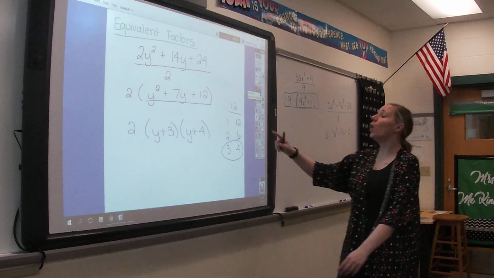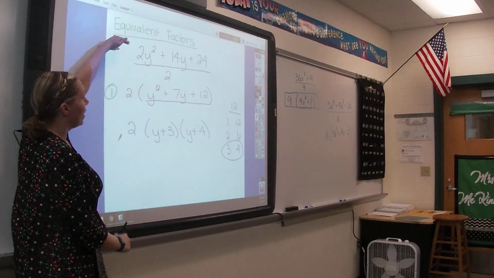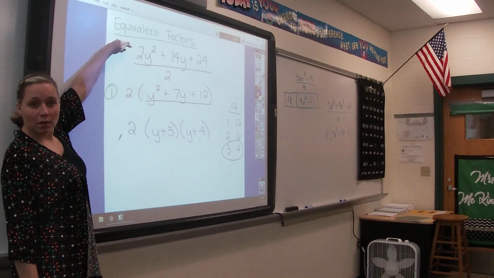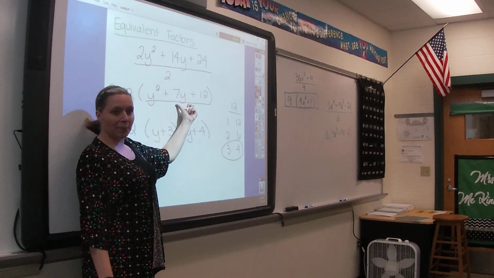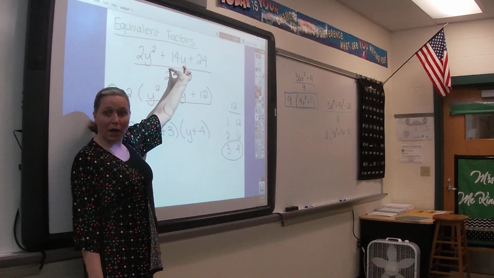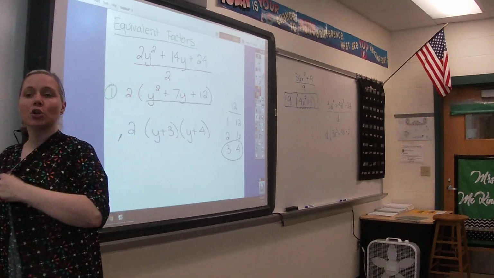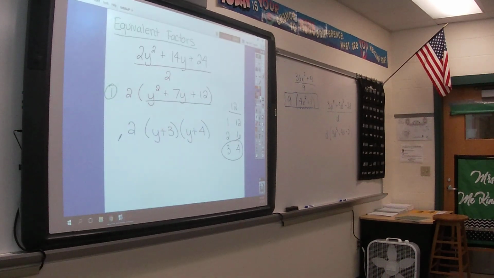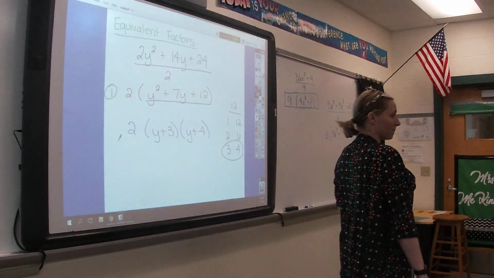So here is one representation of our original problem: 2 times y squared plus 7y plus 12 is equivalent to our original polynomial. If I distributed that 2 back out, I would get the original polynomial. So that is one possible answer of what is equivalent to 2y squared plus 14y plus 24.